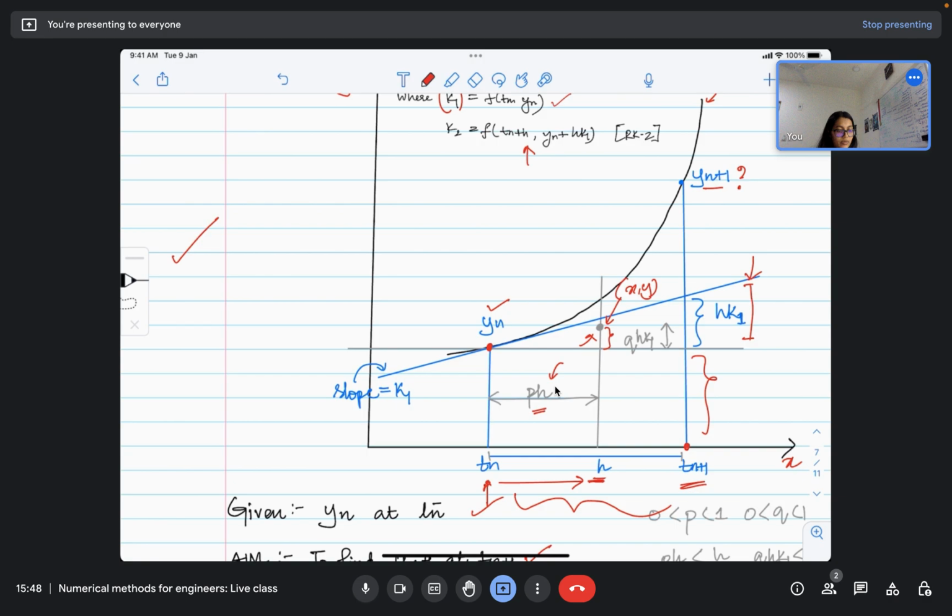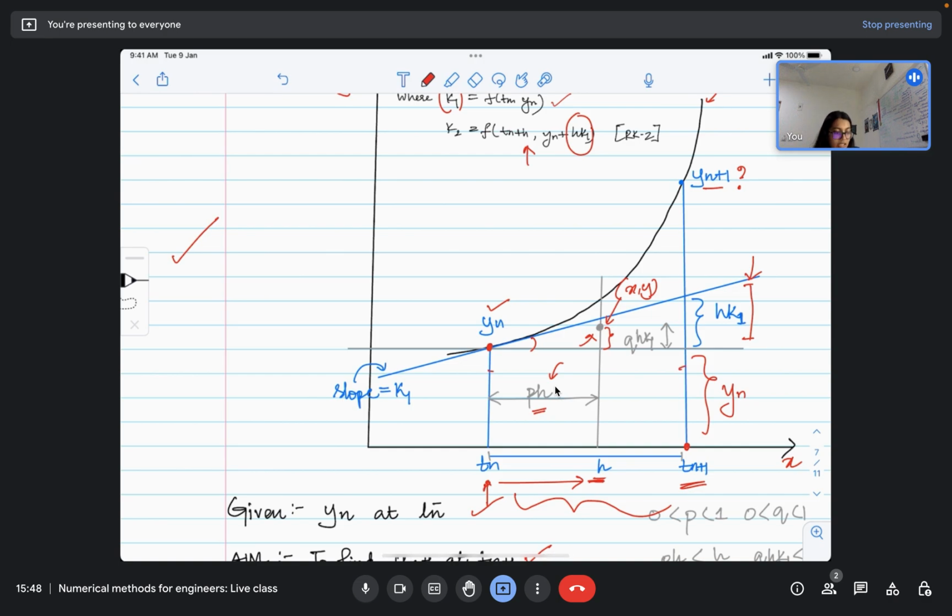And how did they get to the y value? This is y of n, yn. Now, in order to get this extra value, h of k1, how do you get that? This is the slope, which is k1, and this distance is h.